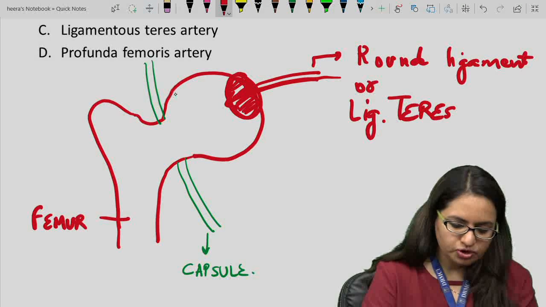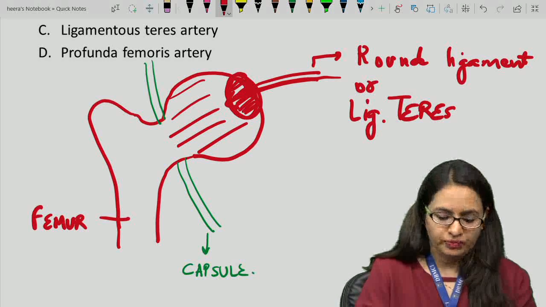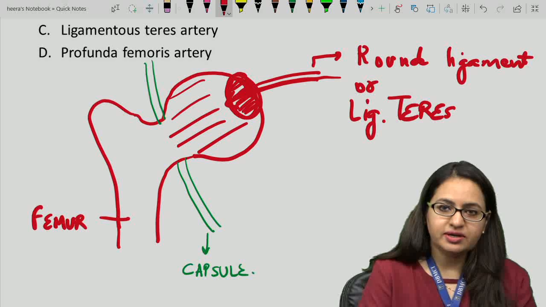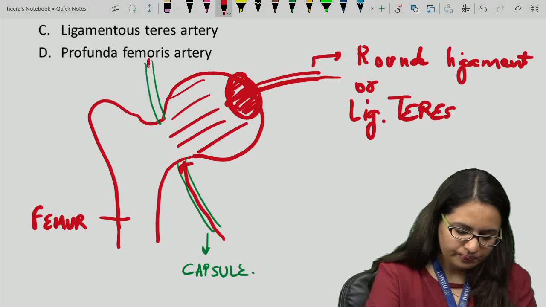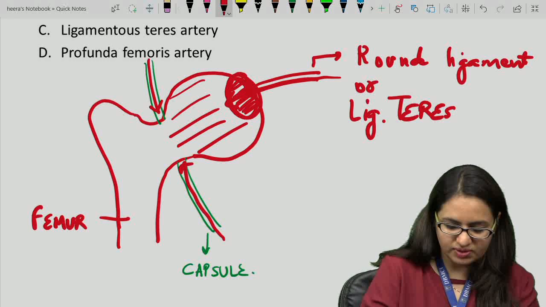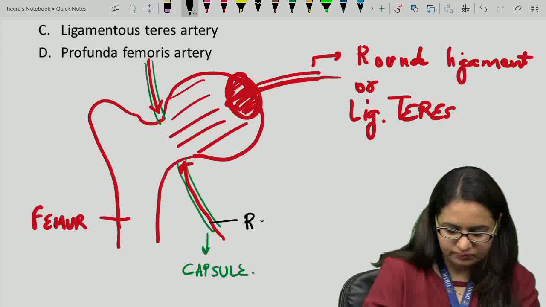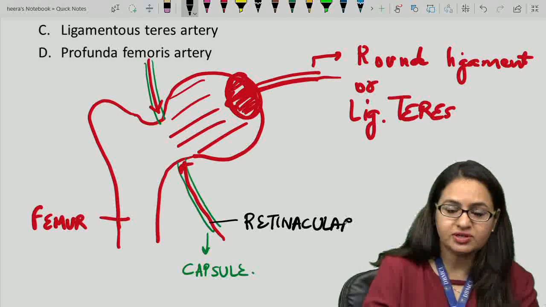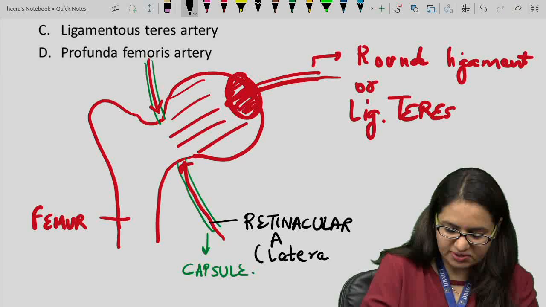The rest of the portion is supplied mainly by the arteries which enter into the capsule. The arteries which enter into the capsule over here are termed the retinacular arteries, and these are also known as the lateral epiphyseal artery.